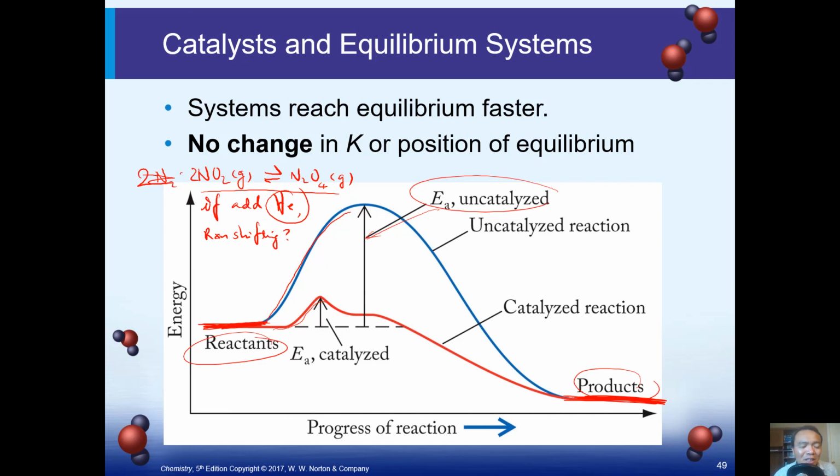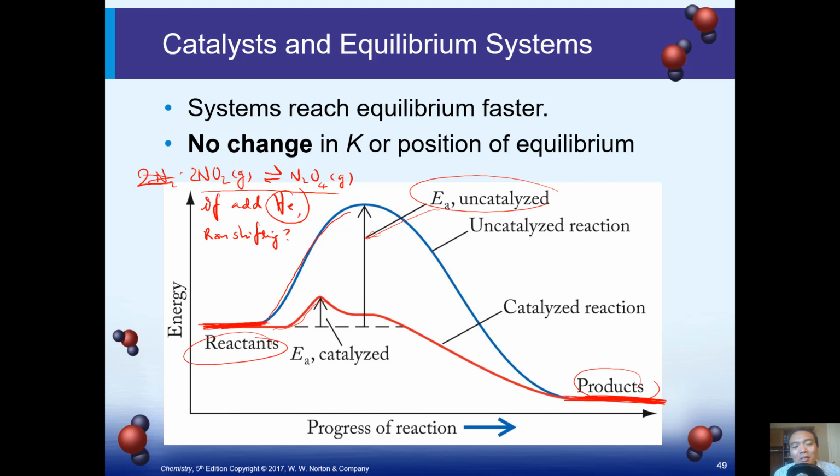Or in other words, after you add helium to it, neither Q nor K will change. So Q and K will stay the same. No effect, no shifting. So if you add a catalyst or you add an inert gas into the system, no shifting. So that's it about Le Chatelier's principle.